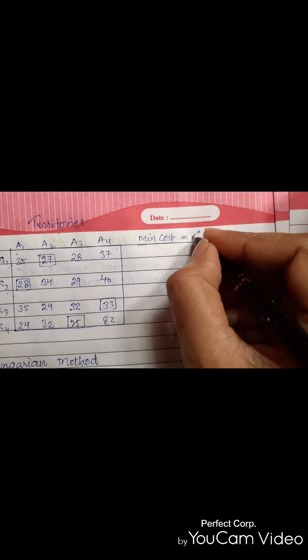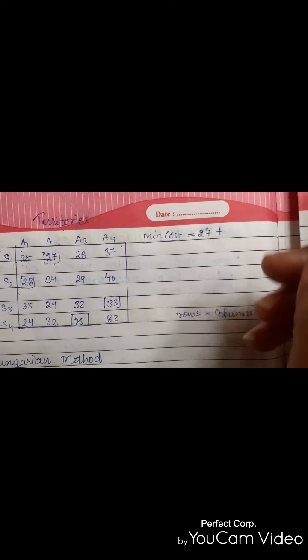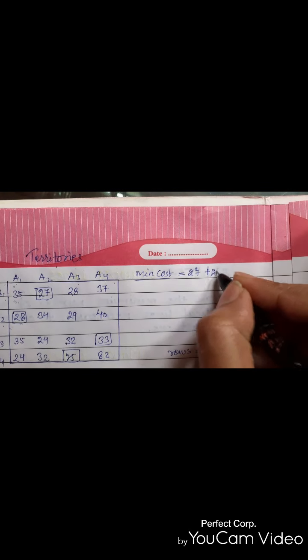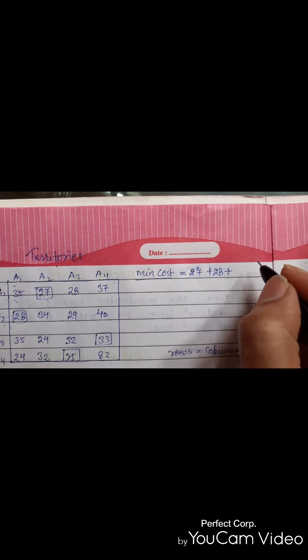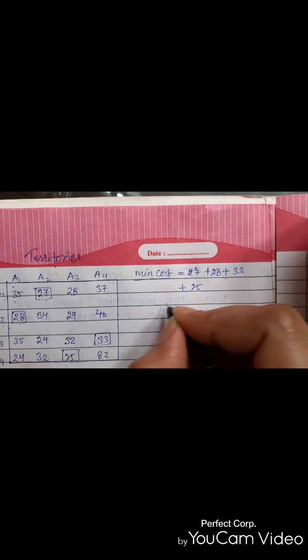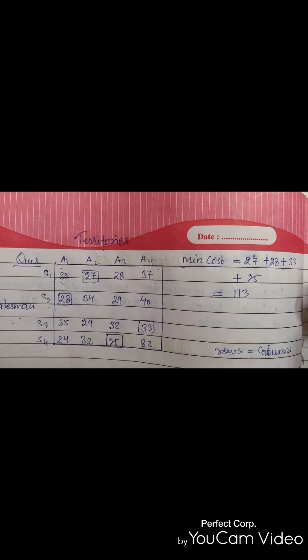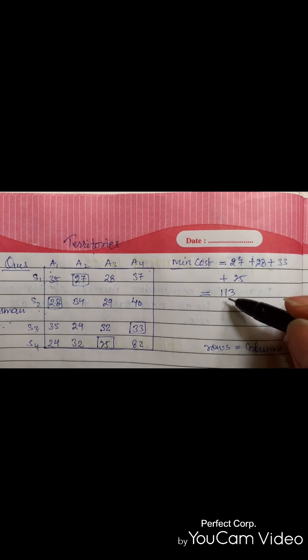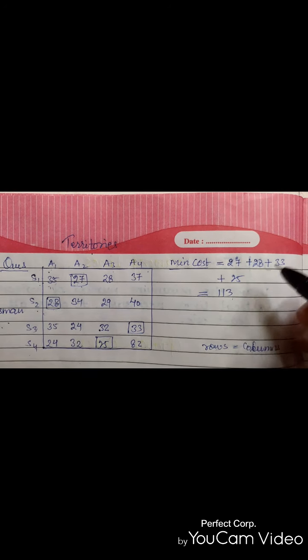So the minimum cost will be 27 plus 28 plus 33 plus 25, and we will get the minimum. Thus we obtain the minimum cost as 113.